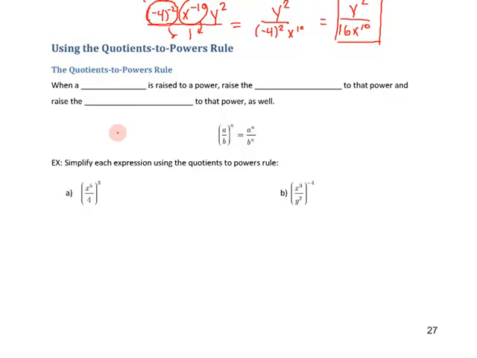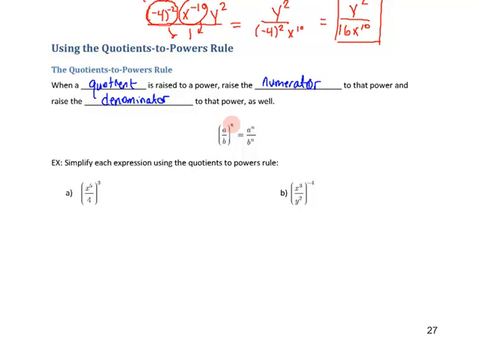Quotients to a power work exactly like products to a power. When a quotient is raised to a power, you're going to raise the numerator, sometimes called the dividend, to that power, and raise the denominator, or the quotient, to that power as well.